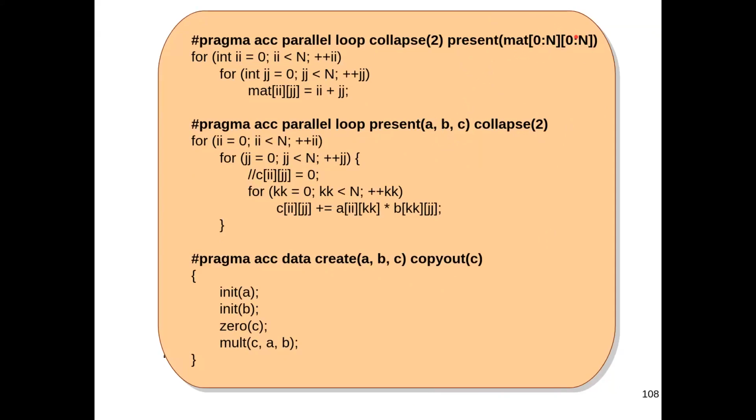Otherwise, it might just end up copying one word of this matrix, and you might not even understand what is happening, but there might be suddenly wrong output, or there might be a seg fault on the GPU, and you might see just zero values or garbage values in C of ij or mat of ij.